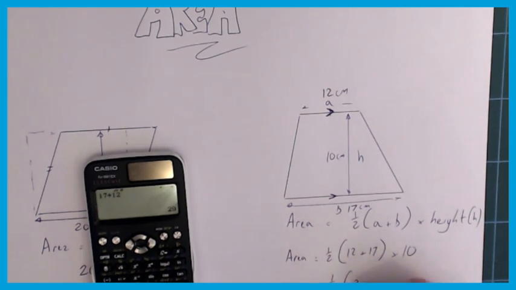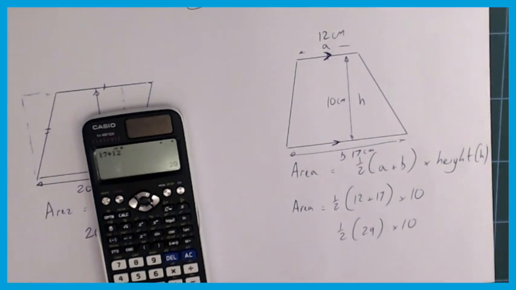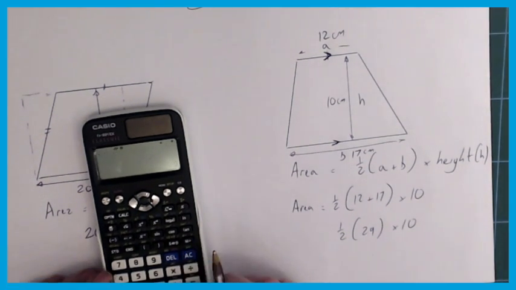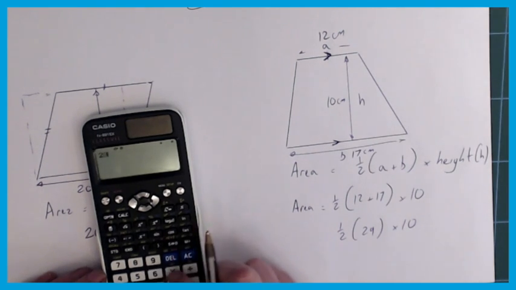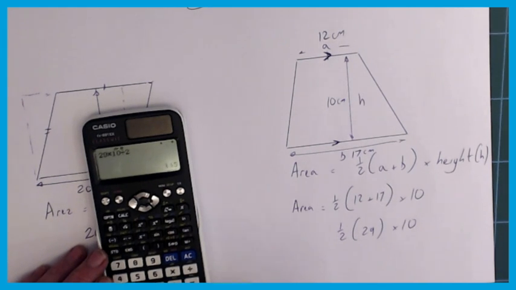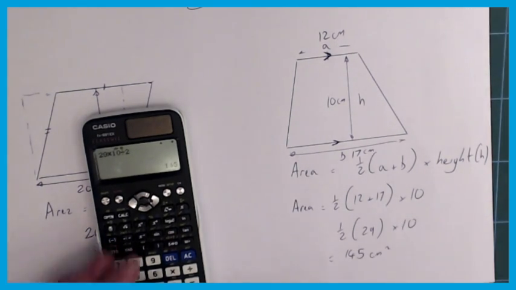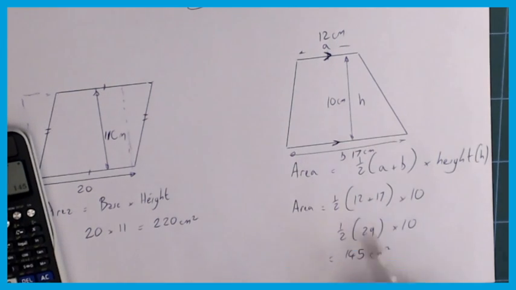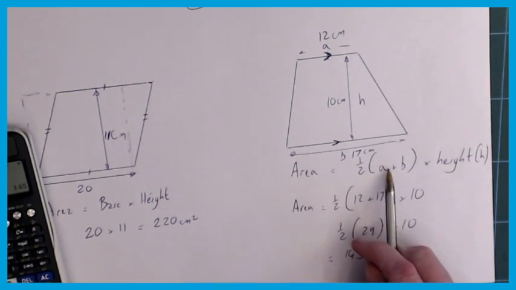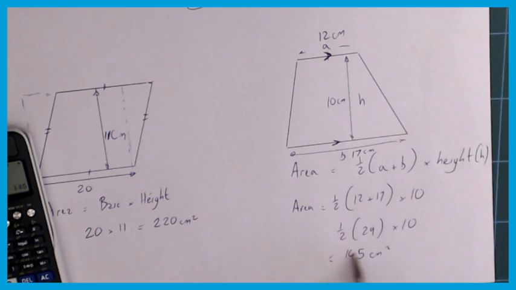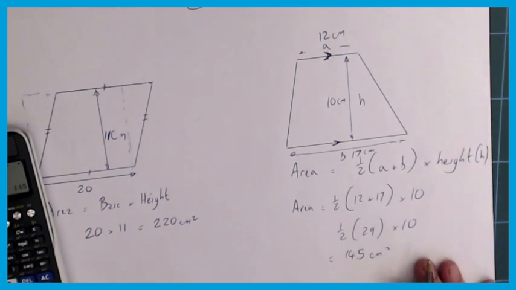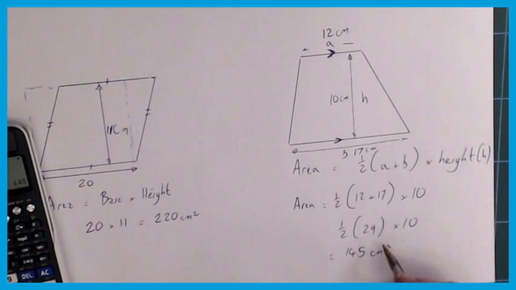So half of 29 times 10. 29 times 10 divided by 2 equals 145 centimetres squared. So it's half A plus B times the height, which will give you 145 centimetres squared.